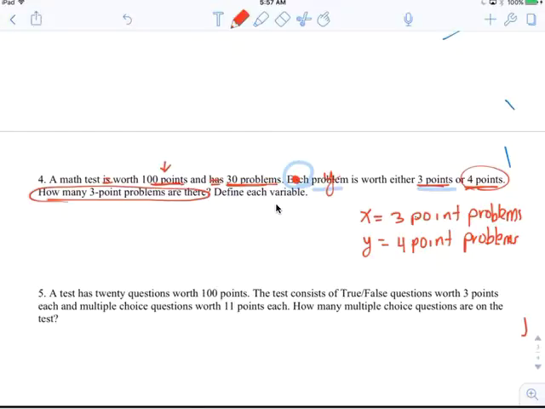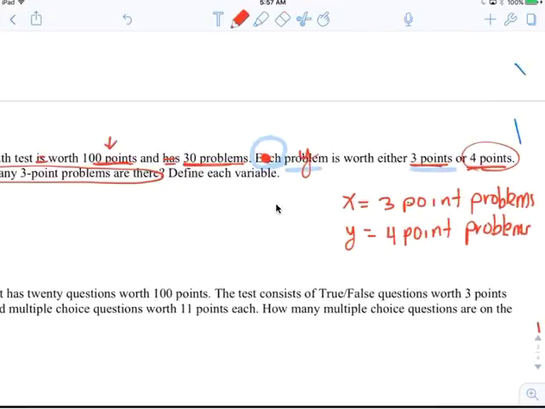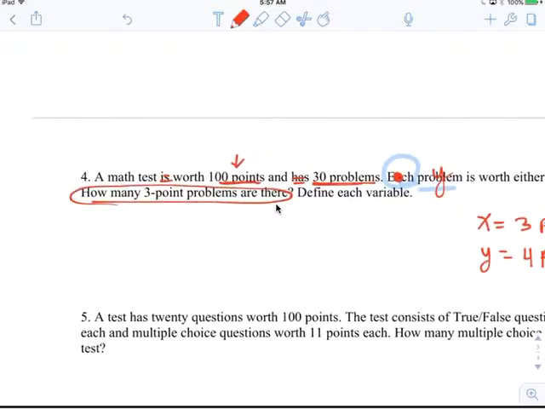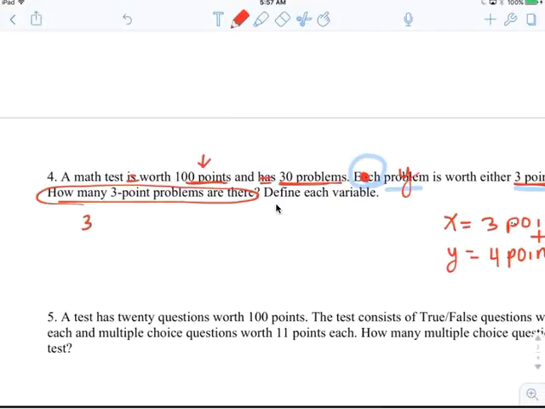So all of our problems have to add to 100 points. These points have to add to 100. So 3-point problems plus 4-point problems equals 100 points altogether.